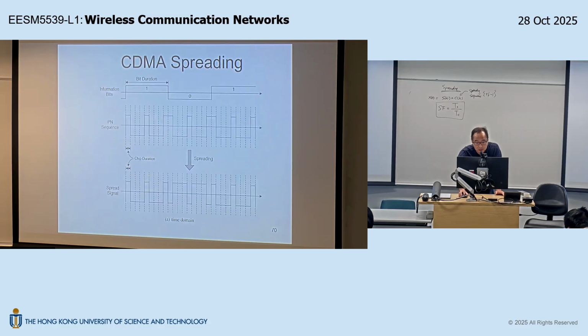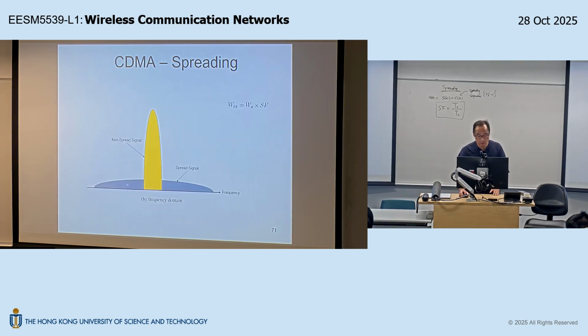But if you look at the spectrum after spreading, the time duration of one broken piece is the chip duration, right? So the bandwidth becomes 1 over Tc. So this becomes the bandwidth, the gray part. So in my example, if you chop a symbol into 64 pieces, the bandwidth becomes 64 times larger. Okay? So what you transmit, the spectrum becomes 64 times larger bandwidth, just like this gray spectrum.